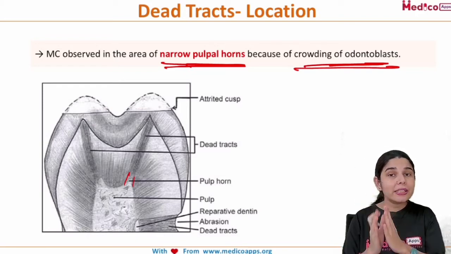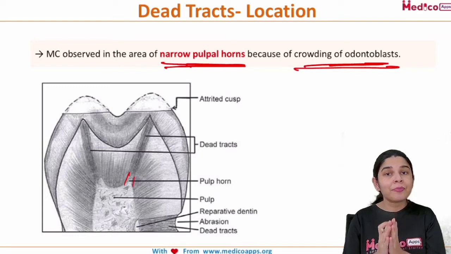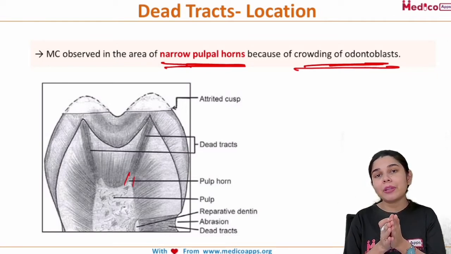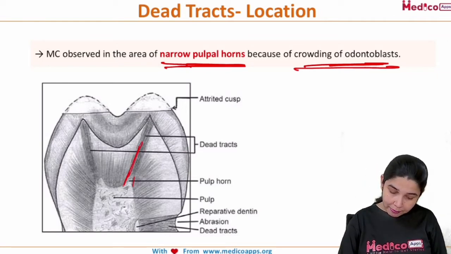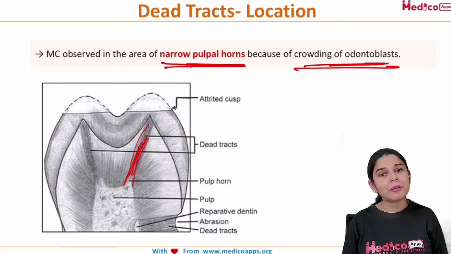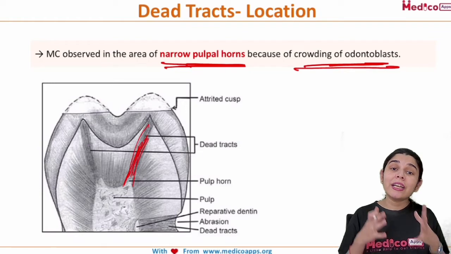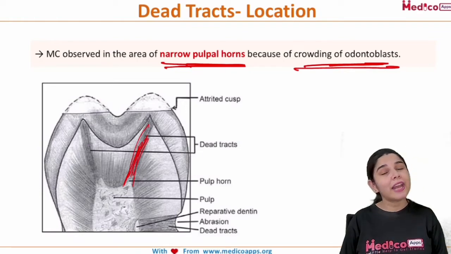If there is no odontoblastic process, a lot of air or gaseous substances will be entrapped here, and they will appear more blackish in color, as you can see in this image. So the most commonly seen location is the area of the narrow pulp horns.